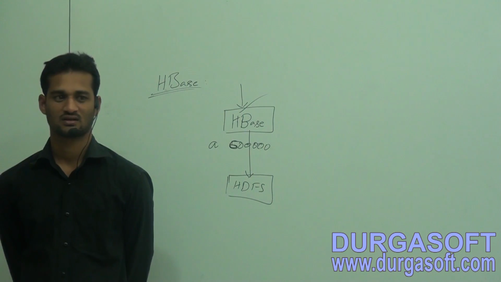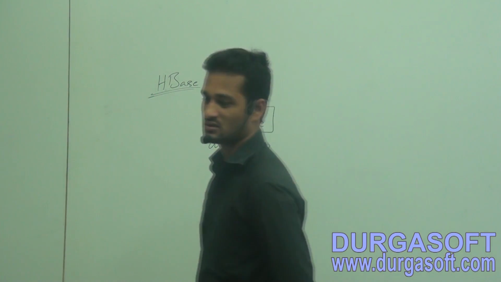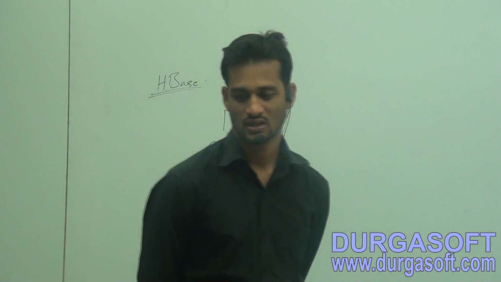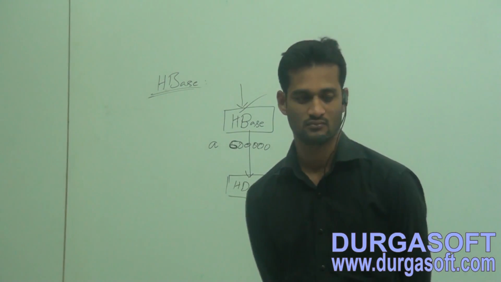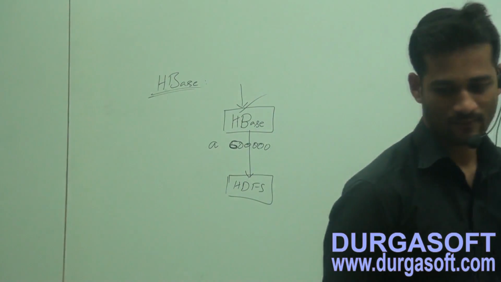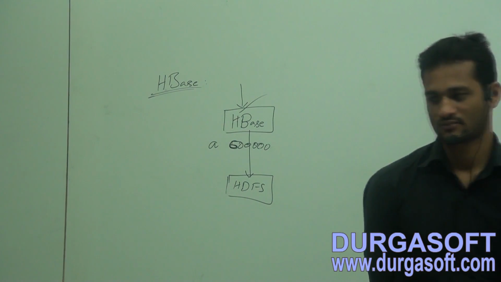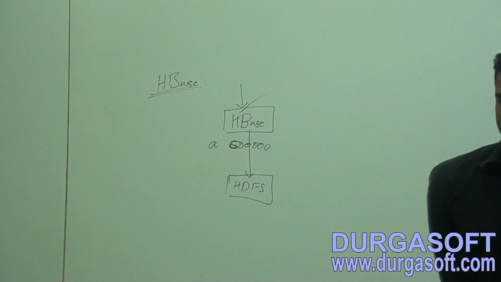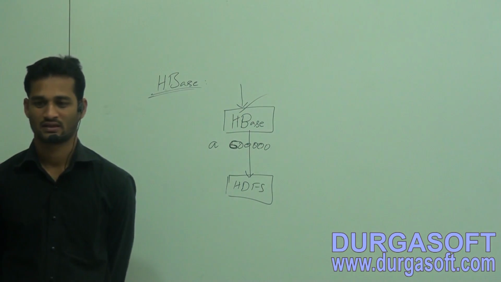Clear? Next, note that HBASE will take data in the form of key value pairs, and both key and value will be byte array types. Done?